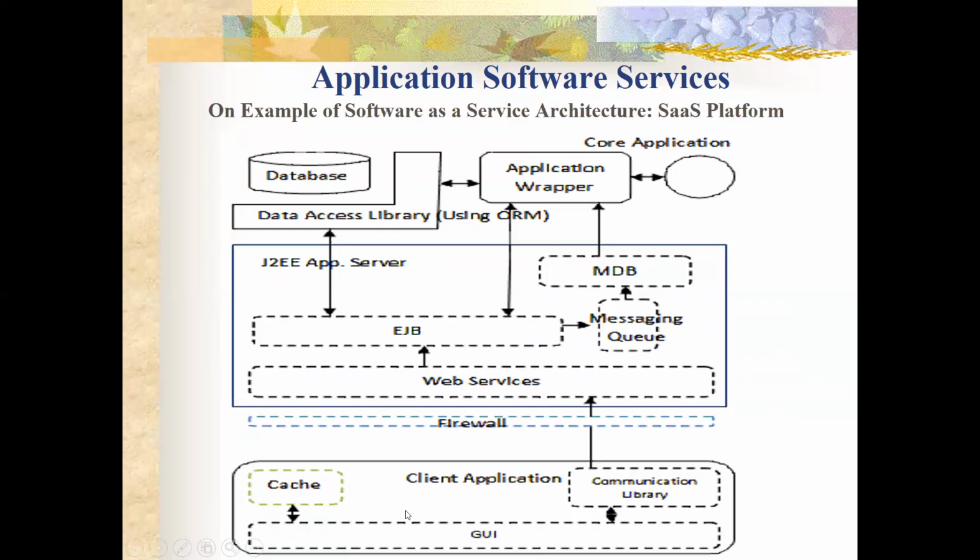Okay, the first one, let's say at the bottom, is the client application. Through the GUI, we can put our requests together. That's the first part. We will discuss details later on. This information will then be sent to the J2EE application server. That's the big chunk here.